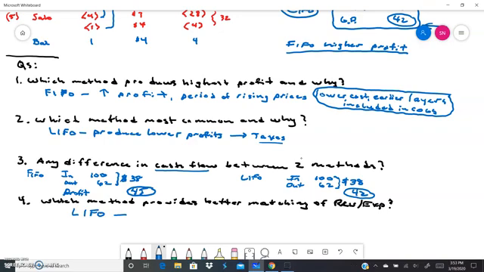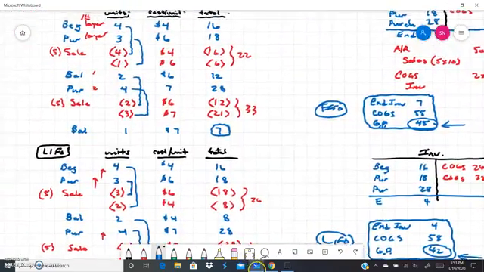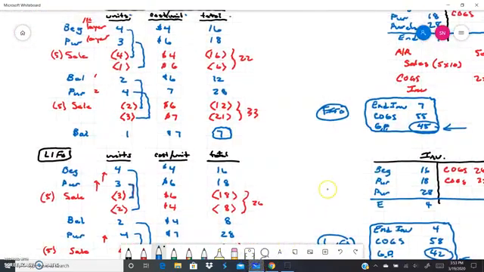All right. So if we look up above, just as an example, let's look at these transactions, and let's pretend these are millions of dollars. So let's look at this sale. Under FIFO, most of the sales dollars are attributable to the first layer.